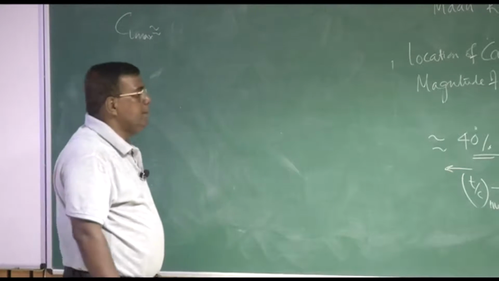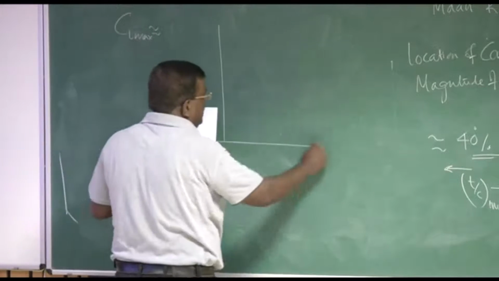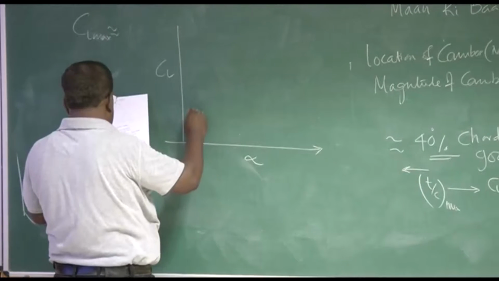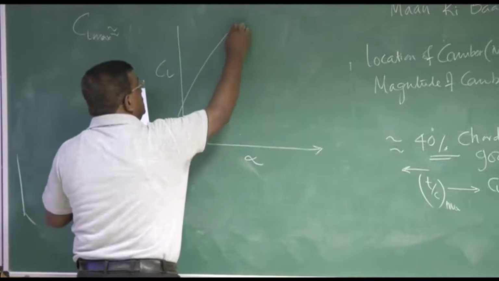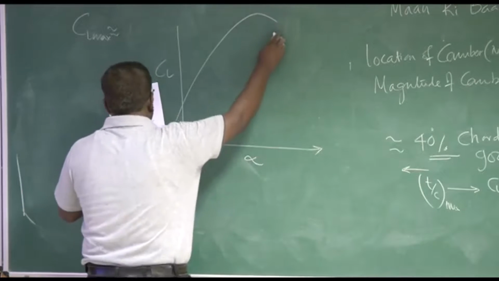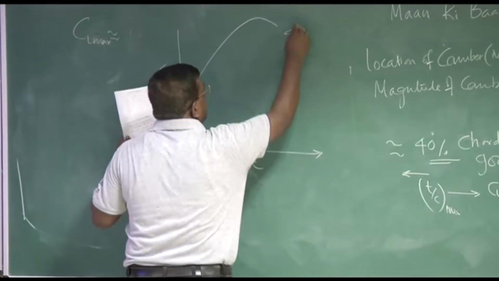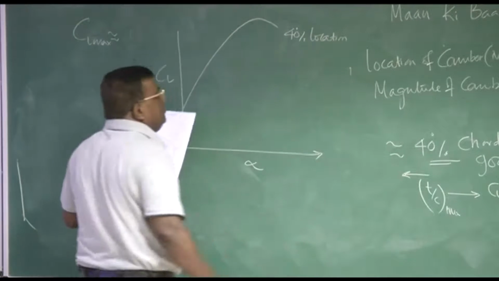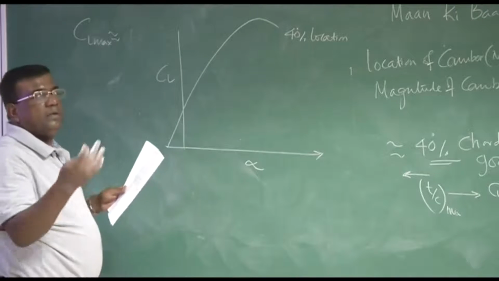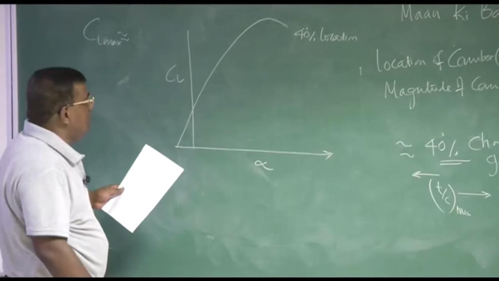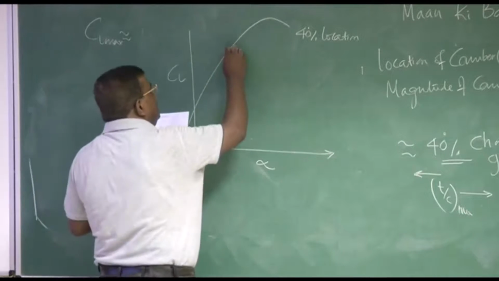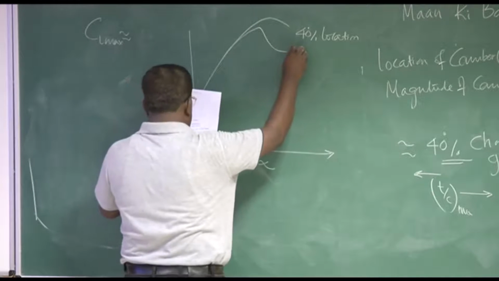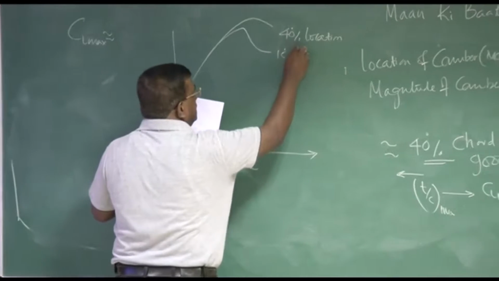Another knowledge I want to share with you is, if you see CL versus alpha, this is for 40% location, that is, t/c maximum at 40% of chord measured from the leading edge, and another curve is for 15% location.